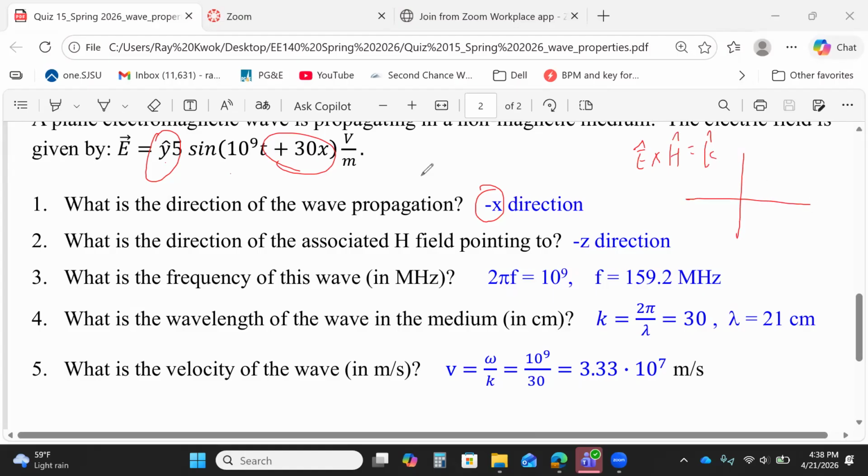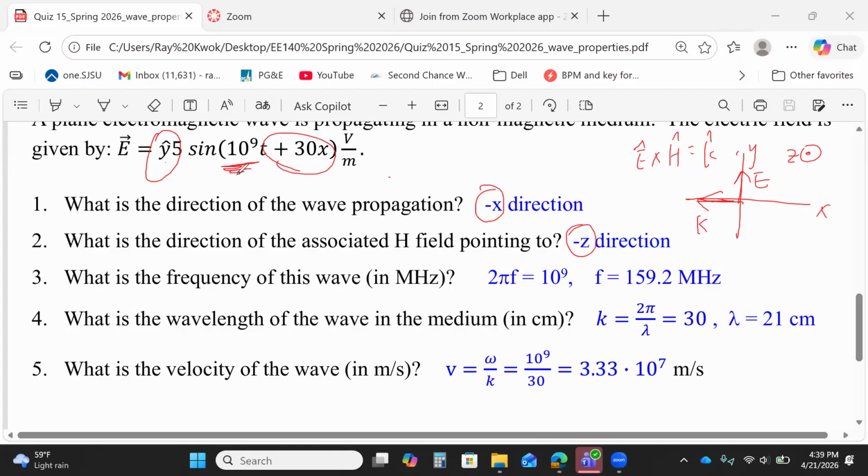So I have x and y here, so I'm going to write x, y, z is pointing out. So the k is along the minus x, the E is along the y. So E cross H is k, so H must be going in. Going in is minus z direction.